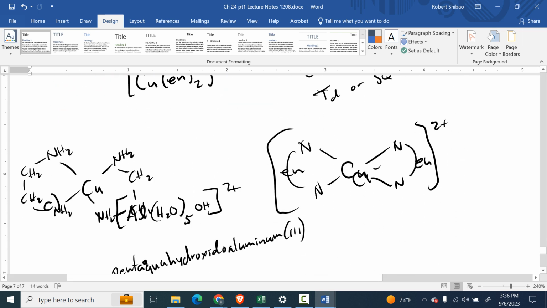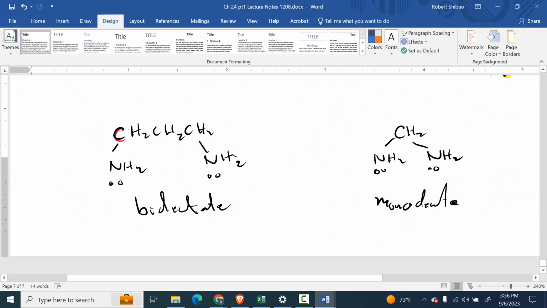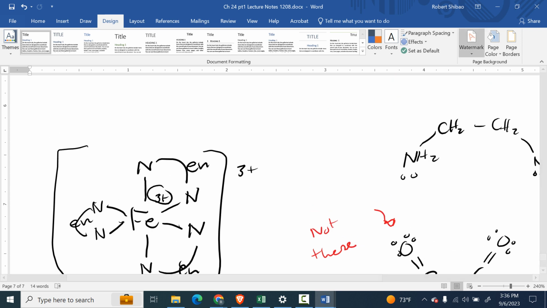So those are some examples of nomenclature. And so we're going to leave this now, and then we're going to use the remaining part of lab to look at chemical reactions.